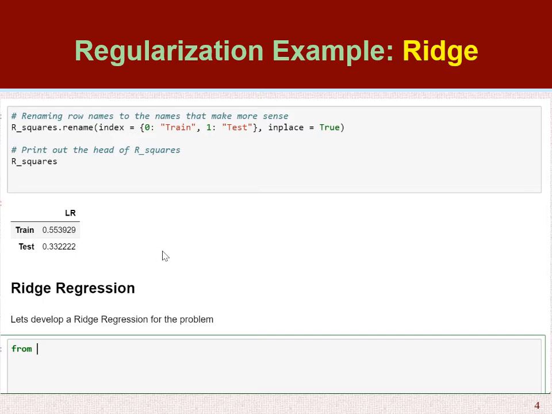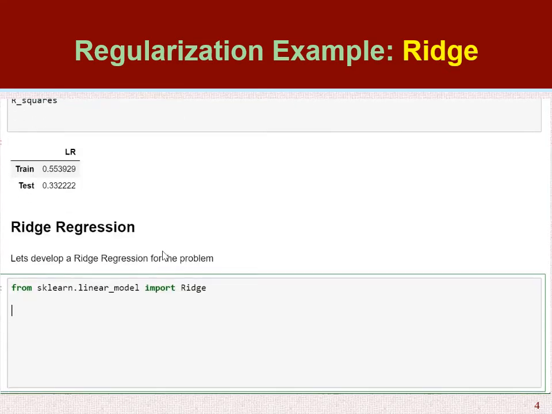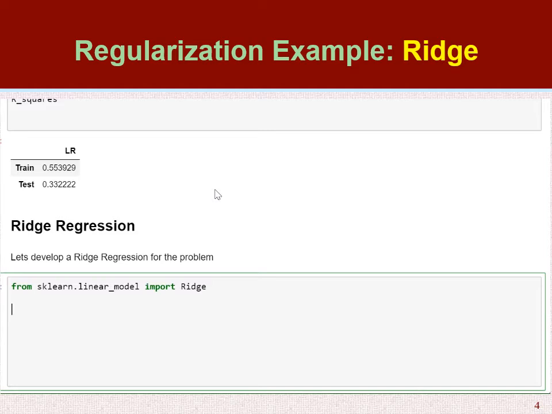From scikit-learn linear model, import. The name of the ridge regression is just Ridge. So I'm going to import it and then I'm going to create a copy of it as my model and name it whatever I want. I'm going to call it my ridge, and that's equal to a copy of the Ridge model.